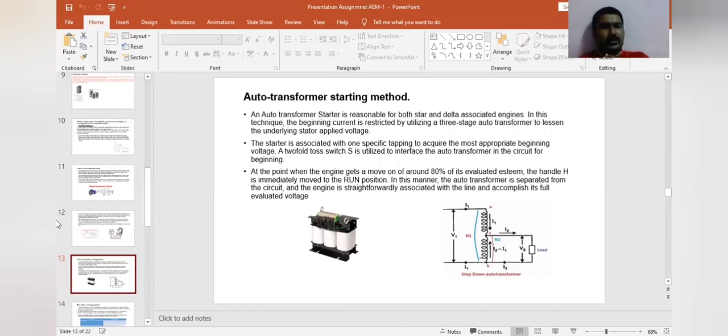A two-way switch is used to connect the auto transformer into the circuit for starting. When the motor gets up to around 80% of speed, the handle is quickly moved to the run position. In this manner, the auto transformer is disconnected from the circuit and the motor is directly connected to the line and operates at its rated speed.